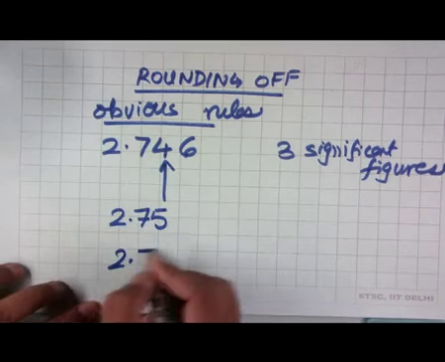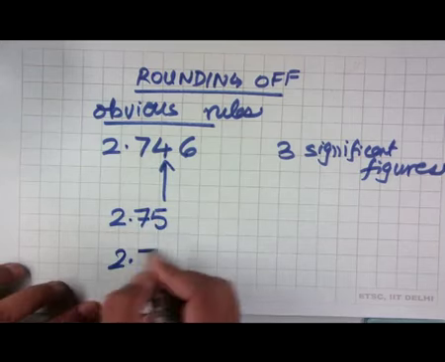But then the question comes, what happens if you have a number something like 2.745 and this you have to write up to 3 significant digits. So, if the digit to be dropped is 5, then there is an ambiguity. And here the convention which we use is that if the digit to be dropped is 5, then we look at the preceding digit.